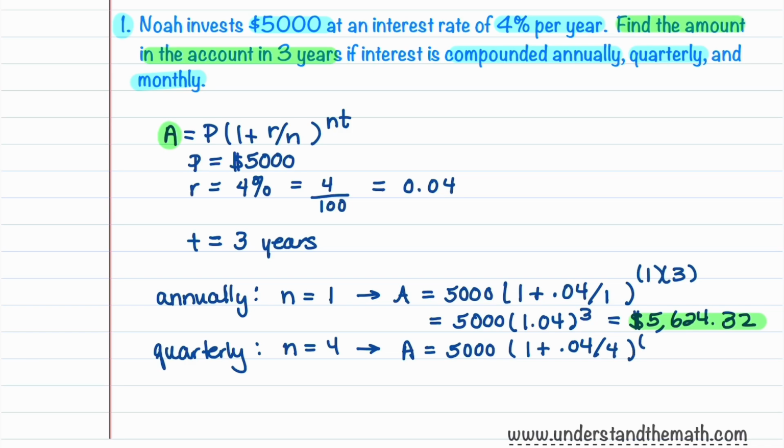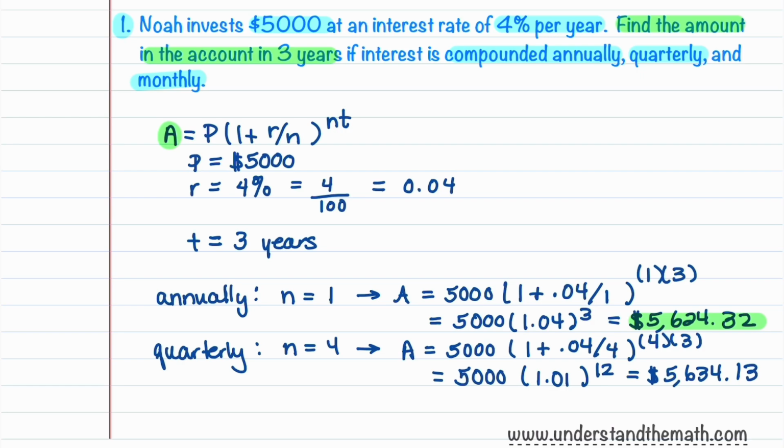And then in the exponent, we have a 4 times 3. This gives us 5,000 times 1.01 raised to the 12th. You put all that in your calculator and you get back $5,634.13.